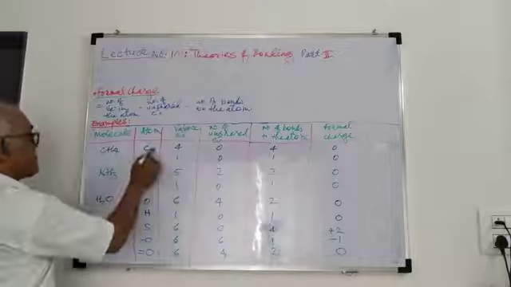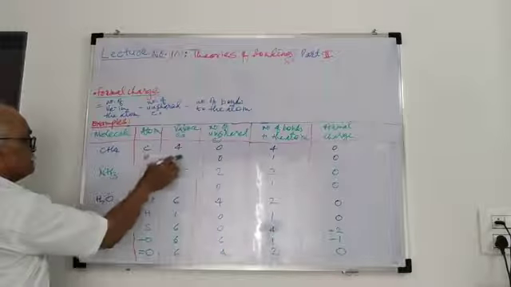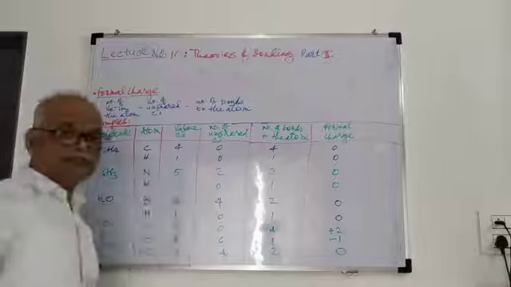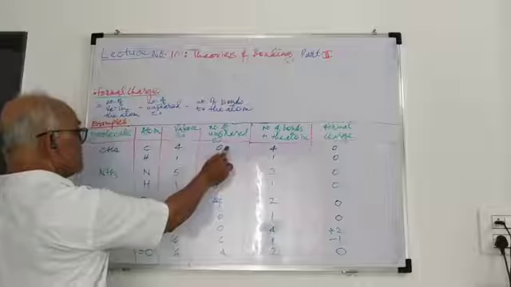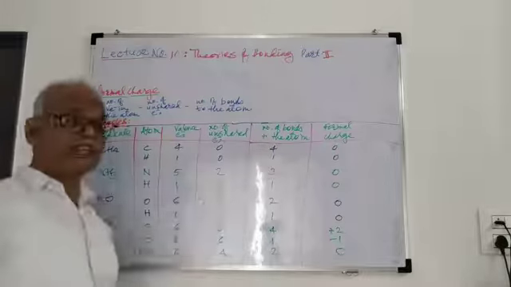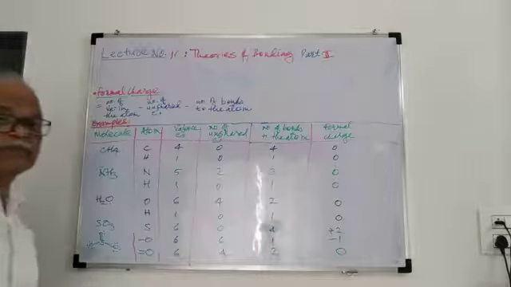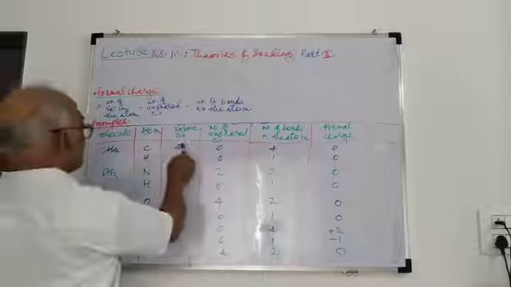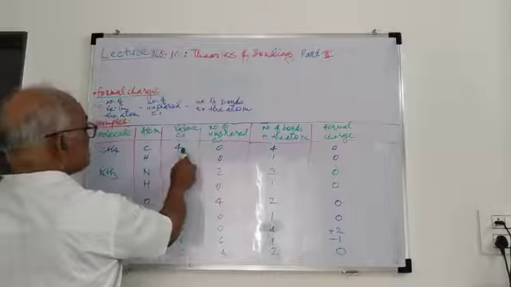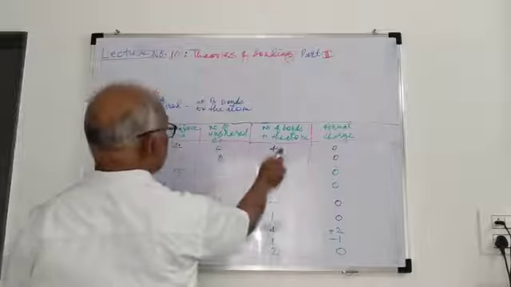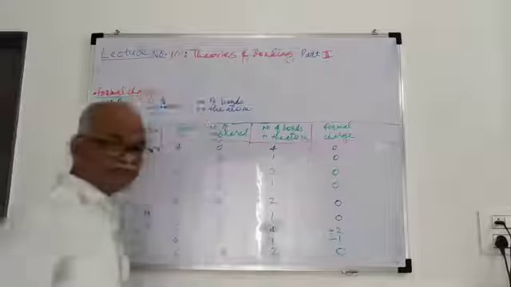So we will see here carbon. Carbon is at the center. Carbon has valence electrons 4. Carbon has no unshared electrons, that is 0. Number of bonds to the carbon atom are 4. So using this formula, 4 minus 0 minus 4 gives 0.